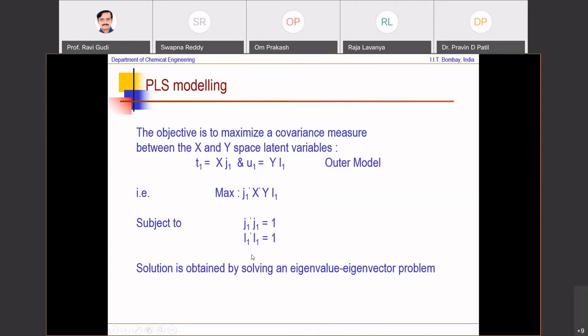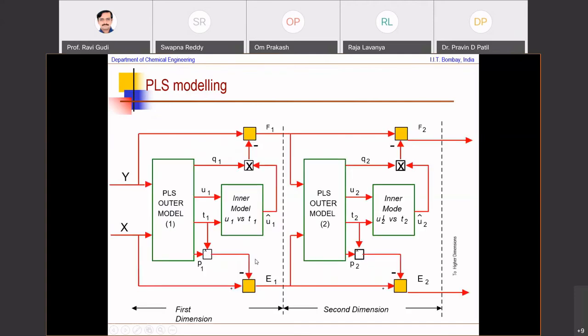This solution is actually an eigenvalue-eigenvector problem, which we can theoretically show, and it can be solved to determine J1 and L1, likewise J2 and L2, and J3 and L3. This is what is done in PLS, and then what we do.